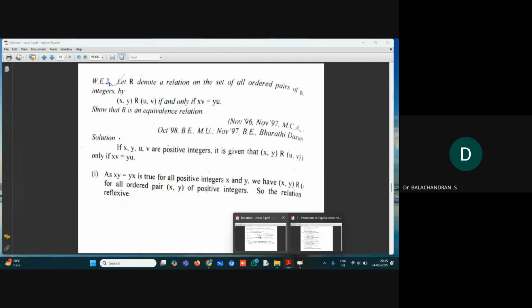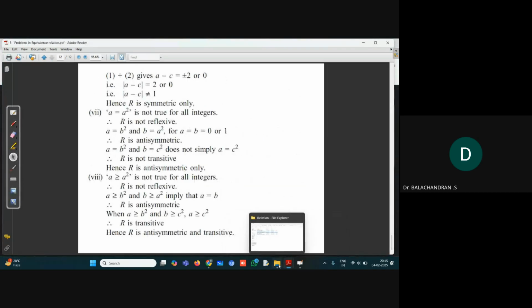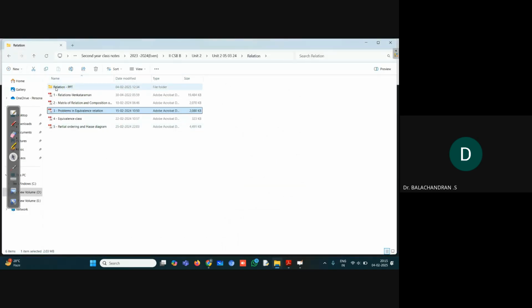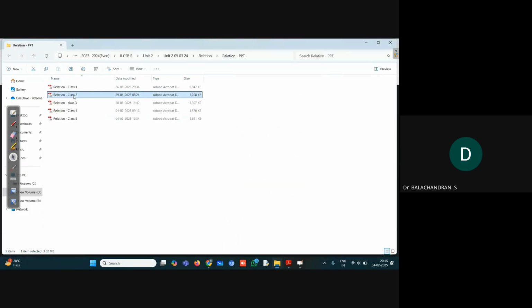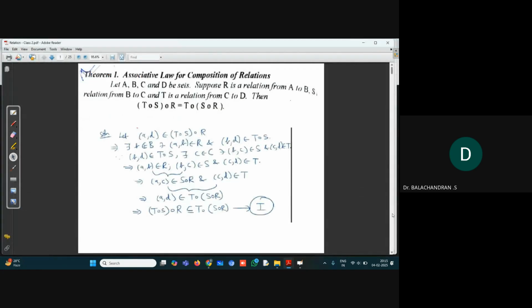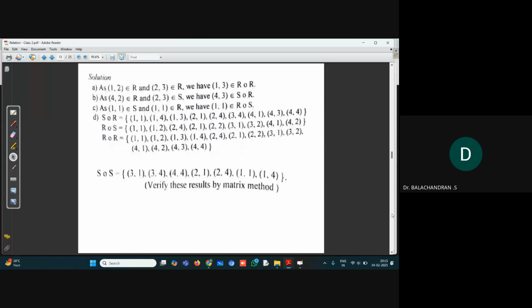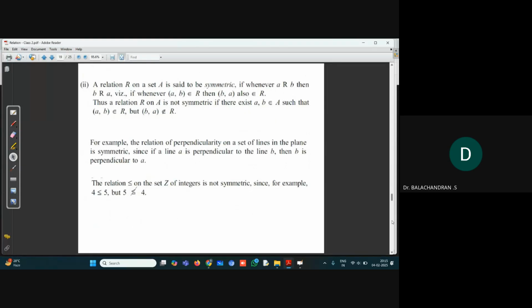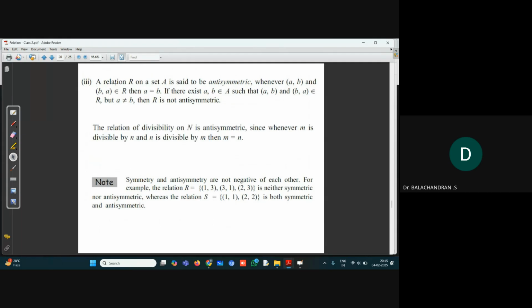I'll show you the definition of antisymmetry again. Yes, here you can see there are two definitions for antisymmetric. A relation R on a set A is antisymmetric whenever (a, b) and (b, a) are in R, then a equal to b.